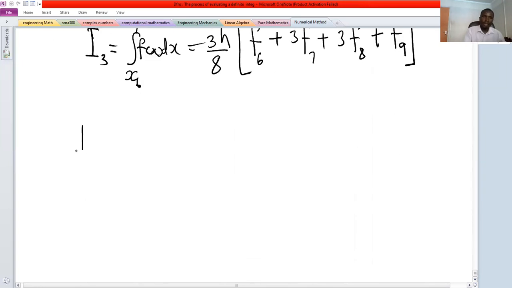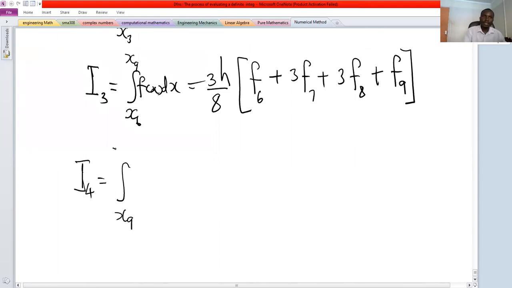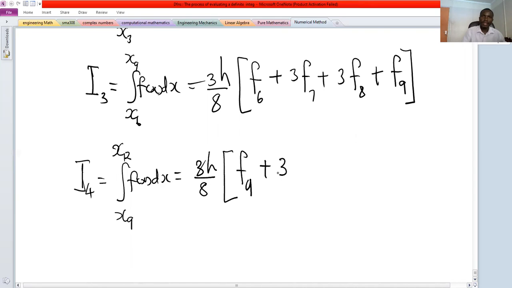We can also define I4 as the integral from x9 to x12 of f of x dx, which will be 3h over 8 into f9 plus 3f10 plus 3f11 plus f12.